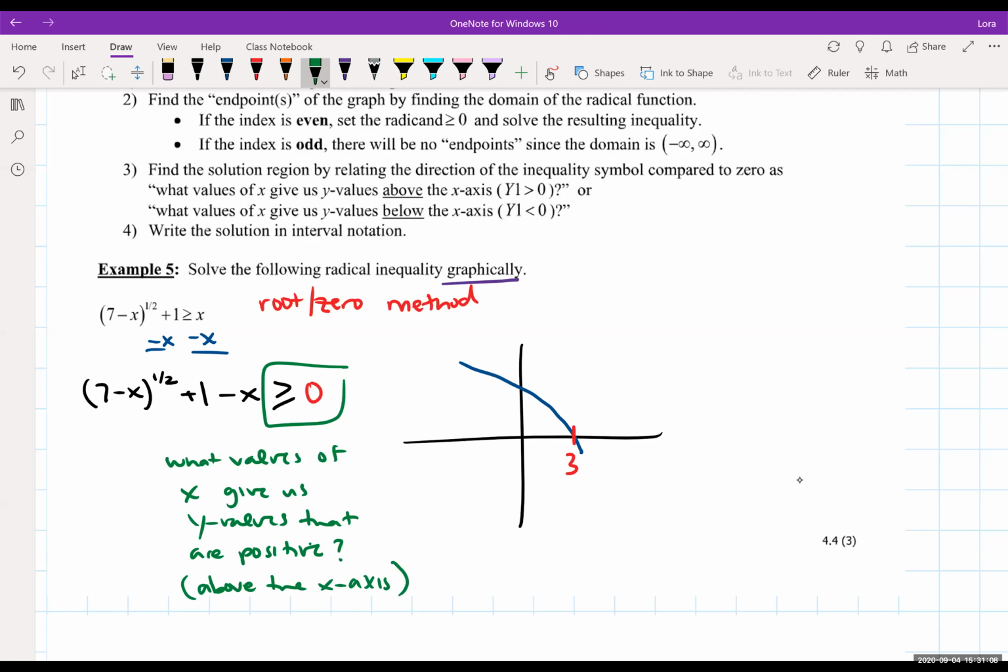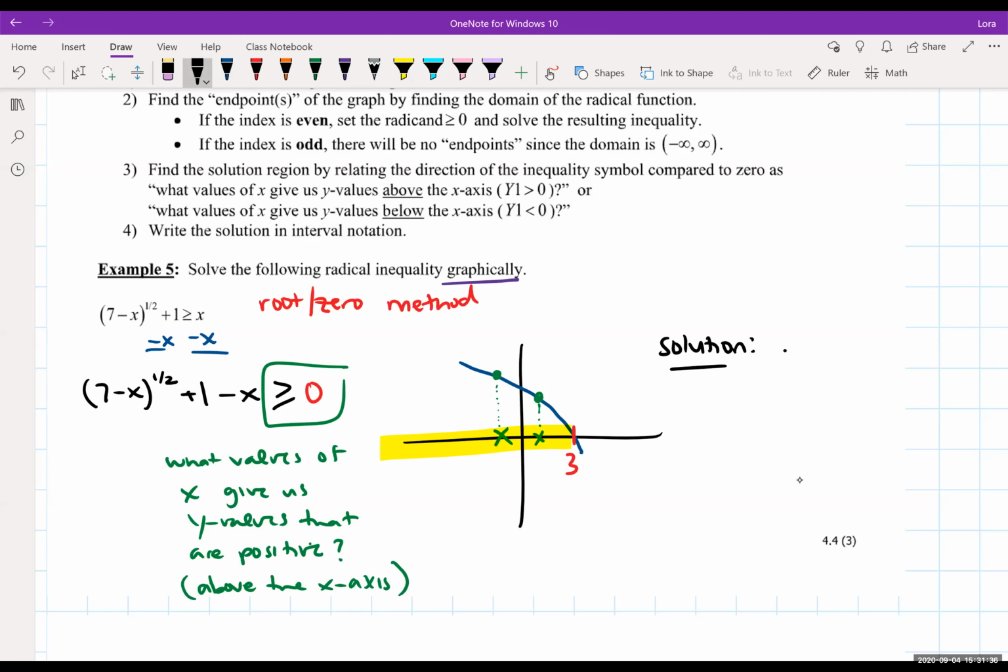And if you're testing each region, I notice that any point in the region that comes before the 3 gives a corresponding y value that is always positive. So we can automatically say, okay, we have our winning region. So the solution is all the numbers that come before 3.